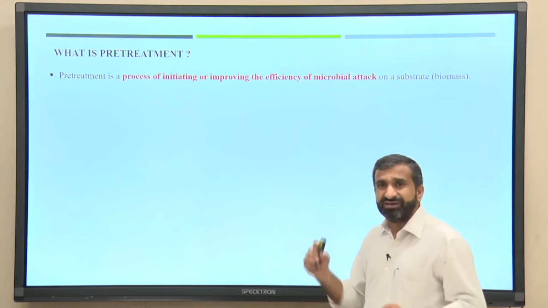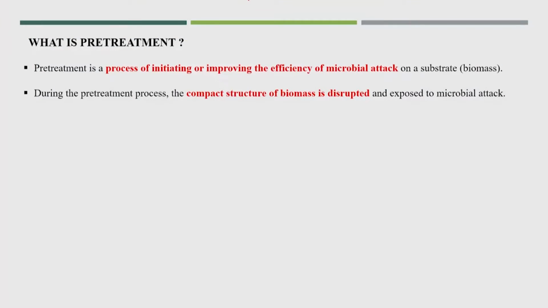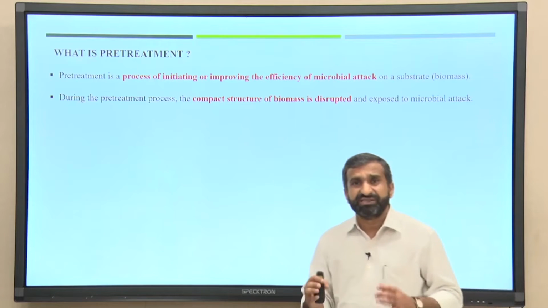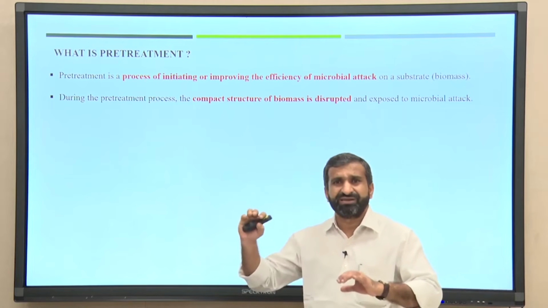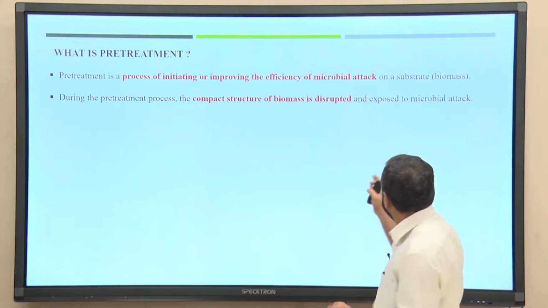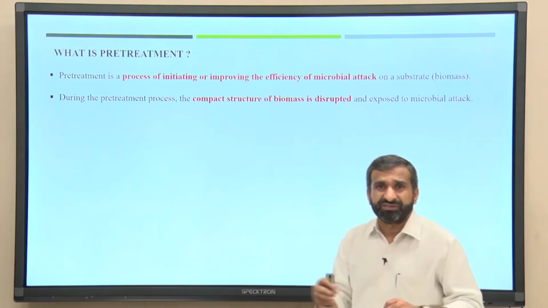During the pretreatment process, the compact structure of the biomass is exposed to microbial attack. If the substrate is not properly pretreated, it is very difficult for the anaerobic bacteria to go directly for the degradation process.